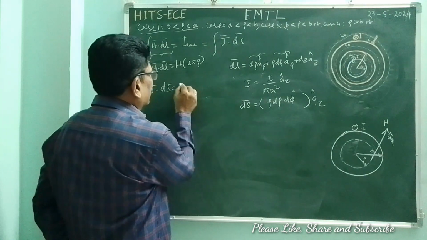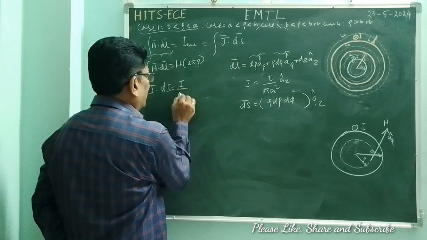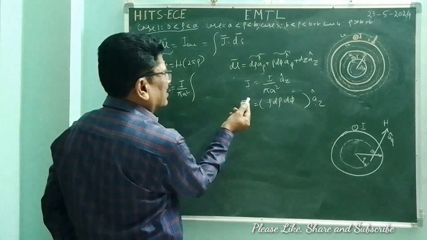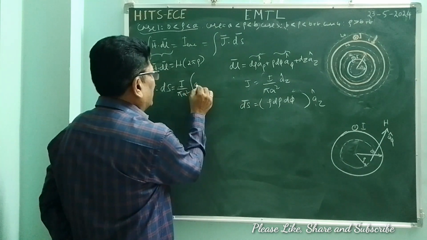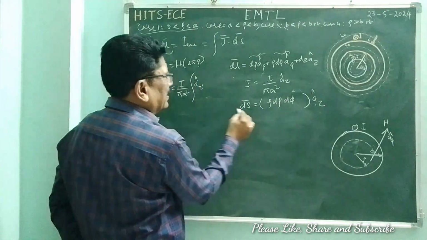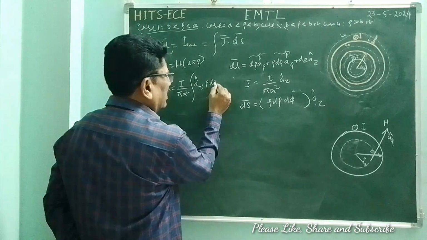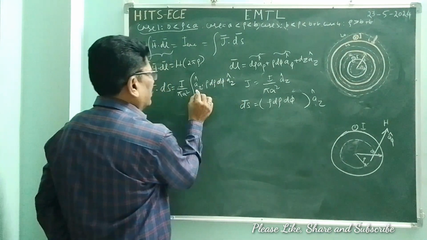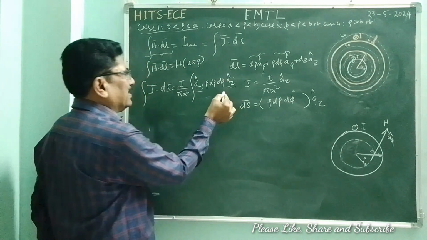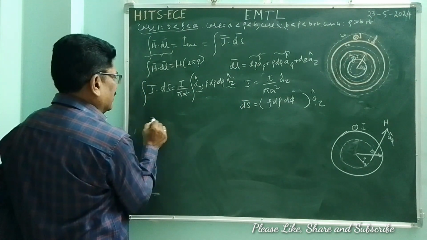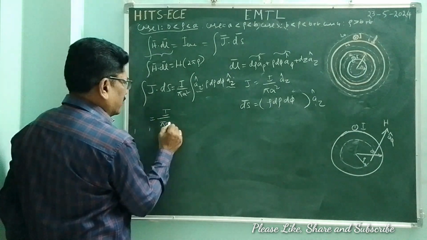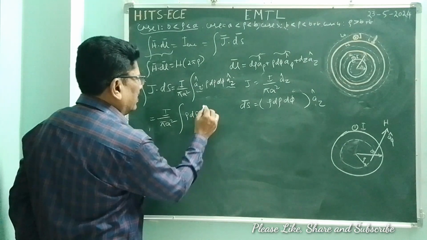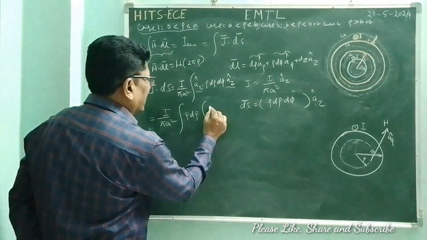The integral of J dot ds: J is I by pi a square, which is a constant and is taken out, a z cap dot rho d rho d phi a z cap. The dot product of a z cap with a z cap is 1. So it is equal to I by pi a square integral rho d rho integral d phi.